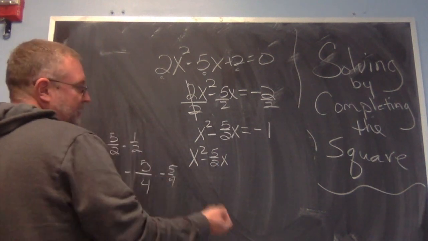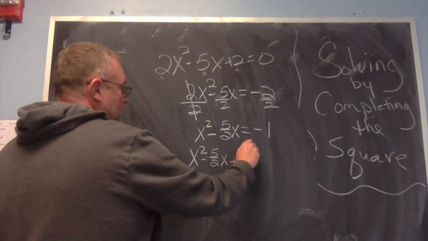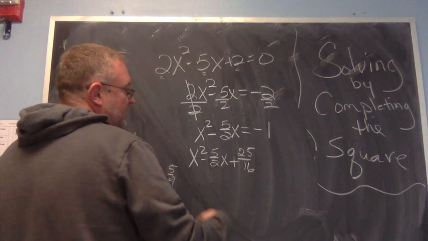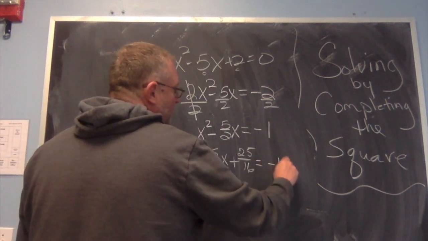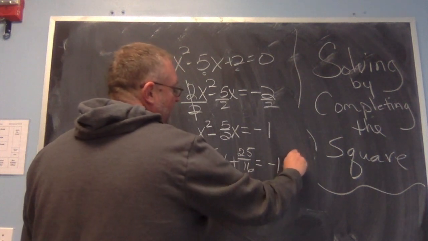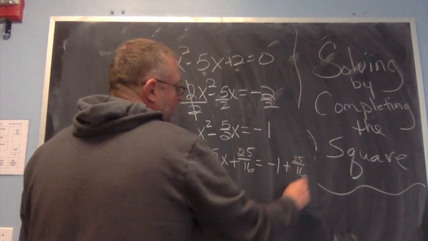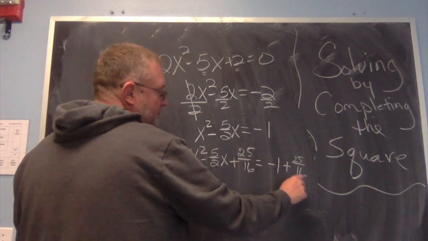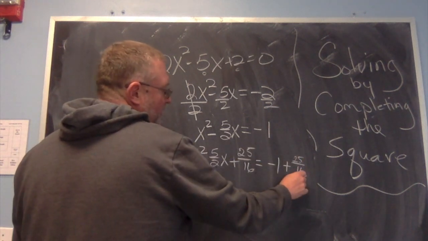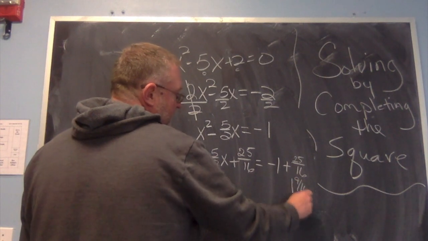But a negative times a negative is a positive. So plus 25 over 16. Whatever I did there, I got to do over here. Equals a negative 1 plus 25 over 16. Now, 16 goes into 25 one time with a remainder of 9 over 16.